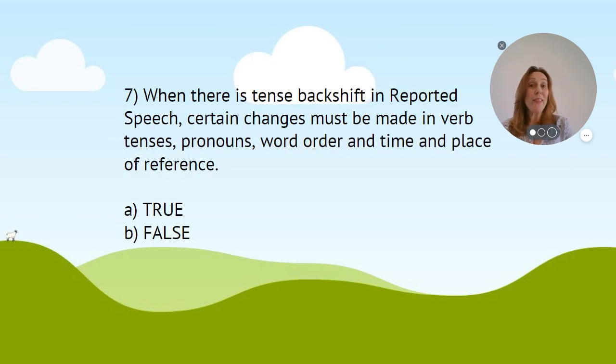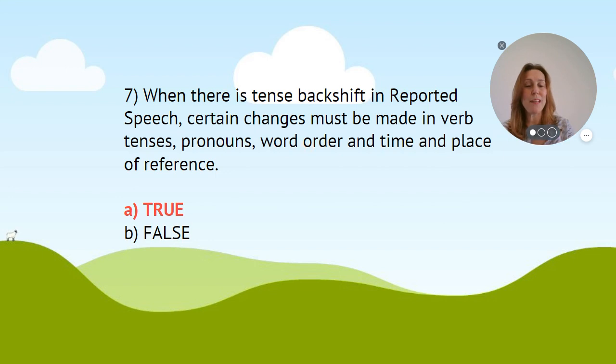7. When there is tense backshift in reported speech, certain changes must be made in verb tenses, pronouns, word order, and time and place of reference. Is this true or false? Are you ready? It is true.